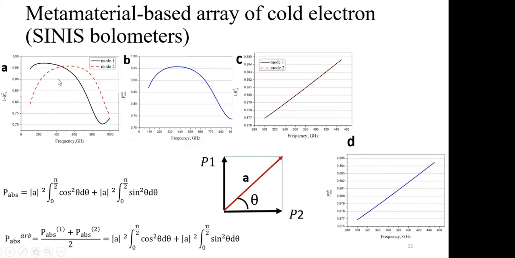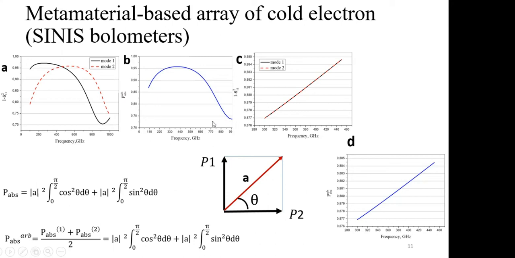If you see the absorption, this is for figure A that I showed you, the smaller ring. You can see that in both modes we have a wide range of absorption, and we can calculate the absorption in mode 1 and mode 2 based on the data. By this simple equation, we can measure the arbitrary absorption as a wide band for both modes.